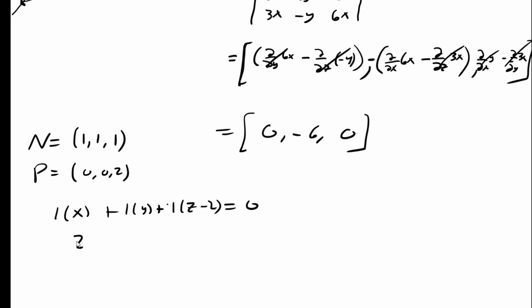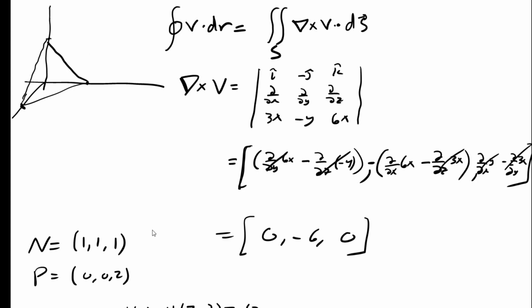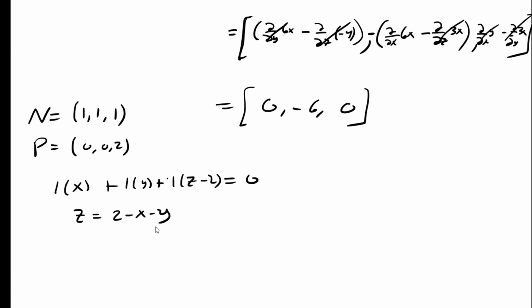So I can have z equals 2 minus x minus y. Okay, so I can parameterize this. R of u, v is equal to u, v, 2 minus u minus v.